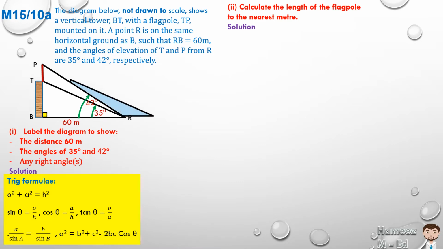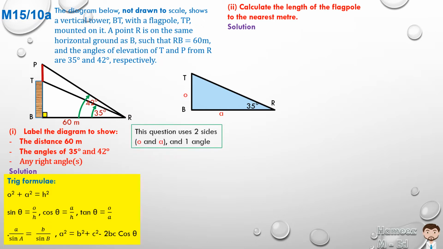So let's extract the smaller triangle first, RBT. And when we pull it out, let's see what we have. We have 35 degrees. We have the base, which is the adjacent to 35, indicated as A. And we can find BT, the opposite.